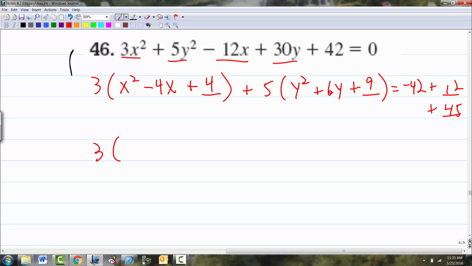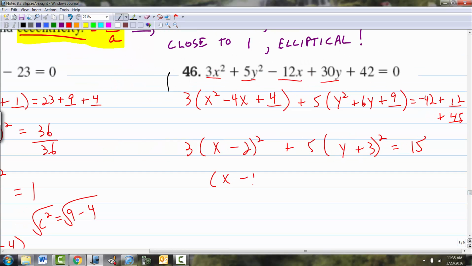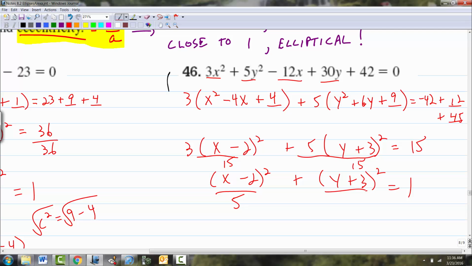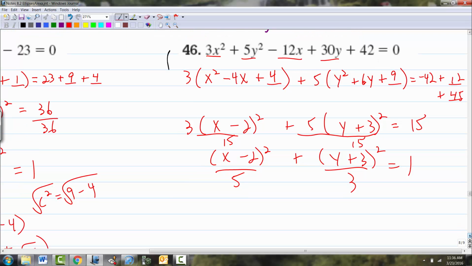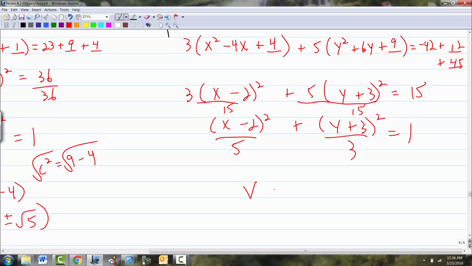Okay, next step is the whole idea of doing this. Then when you divide, okay, bigger axis here.